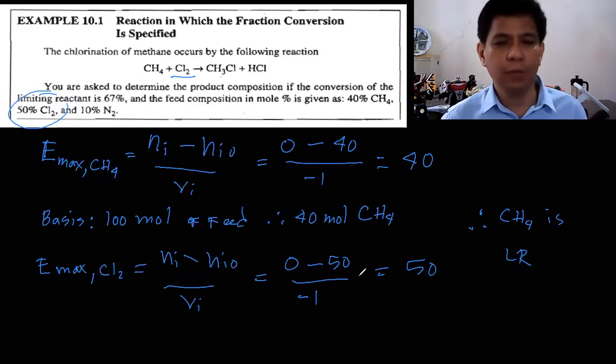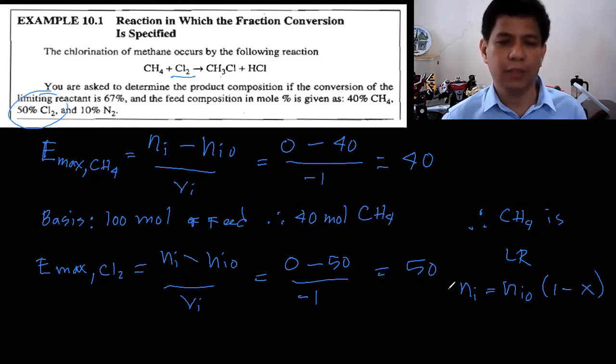Okay, so upon knowing that CH4 is the limiting reactant, we can now calculate the final, the actual number of moles of CH4 in the product. So when there is conversion, the formula is that the final number of moles, N sub I, is equal to N sub IO times 1 minus X, where X is the conversion.